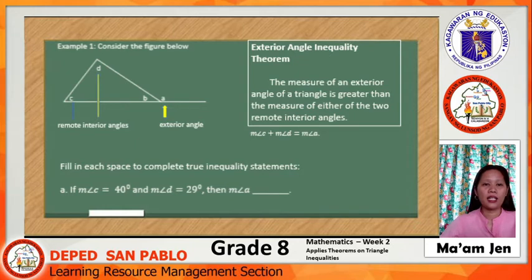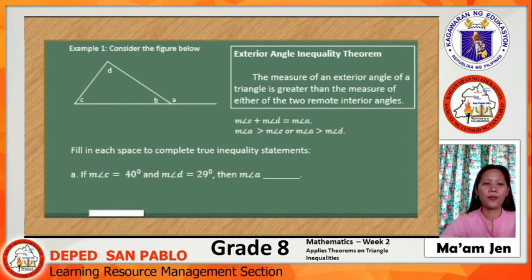So we can say that the measure of angle C plus the measure of angle D is equal to the measure of angle A. Moreover, the measure of angle A is greater than the measure of angle C, or the measure of angle A is greater than the measure of angle D. So if the measure of angle C is 40 degrees and the measure of angle D is 29 degrees, then the measure of angle A is greater than 40 degrees.